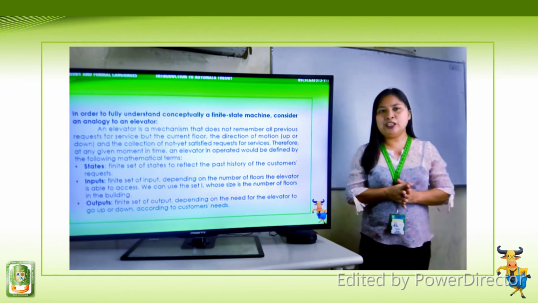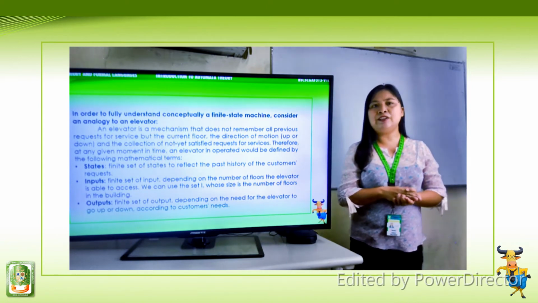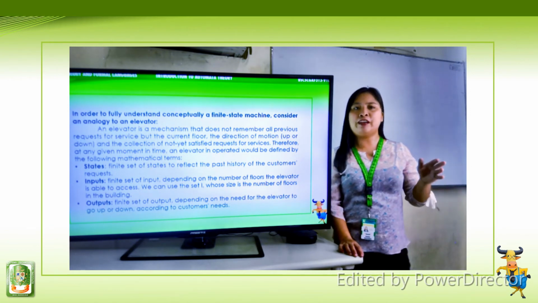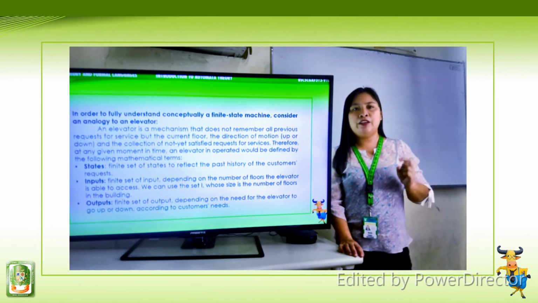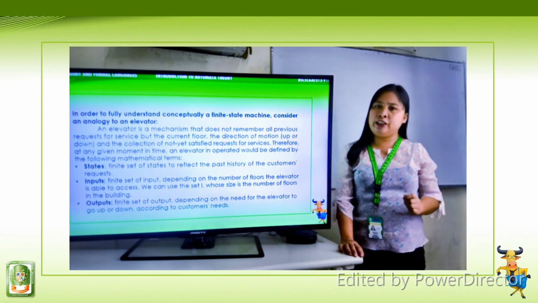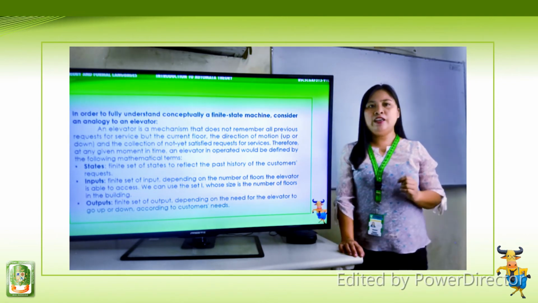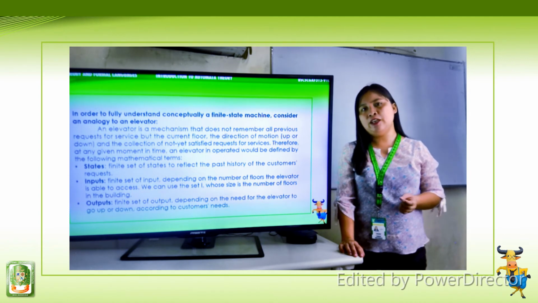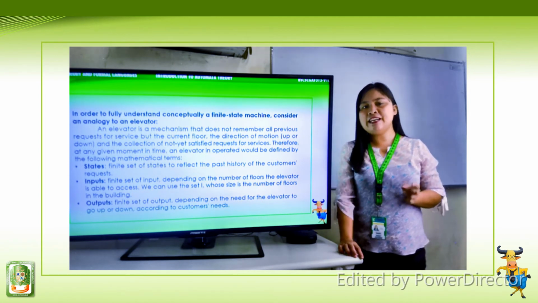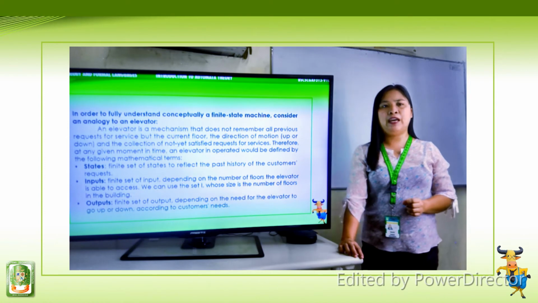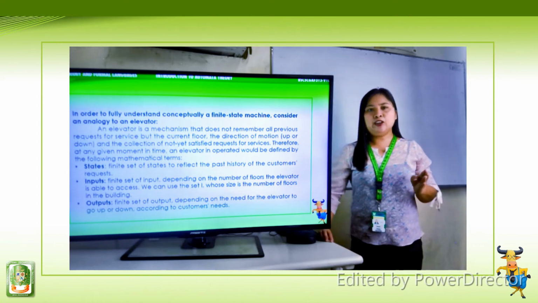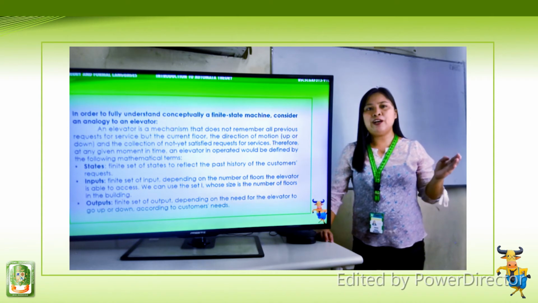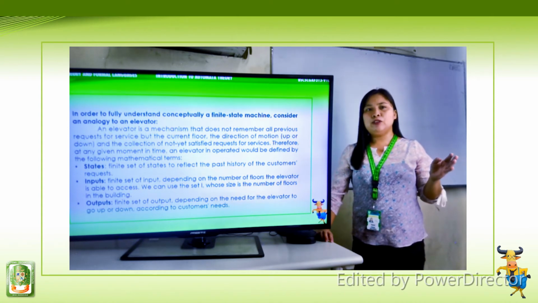An elevator is a mechanism that does not remember all previous requests for service but the current floor, the direction of motion, either it is up or down, and the collection of not yet satisfied requests for service. Therefore, at any given moment in time, class, an elevator in operation would be defined by the following mathematical terms.